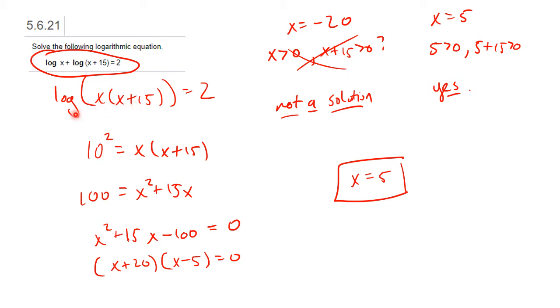So -20 is a solution here, but it is not a solution here because the individual logarithms wouldn't exist. Negative times negative equals positive, so here -20 is not a problem, but back here it would be. You cannot take the logarithm of a negative number. This is why when we finish solving these logarithmic problems, if we have done any steps like condensing logarithms together, we always check whatever values of x we find as solutions, we check that they are indeed solutions to the original expression. Moving on.